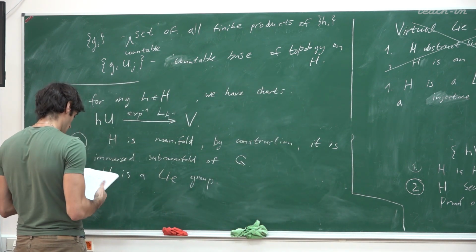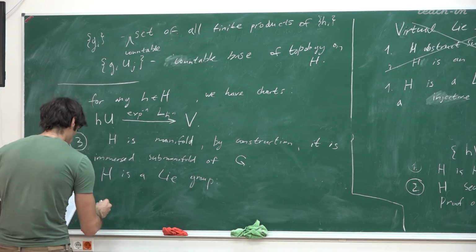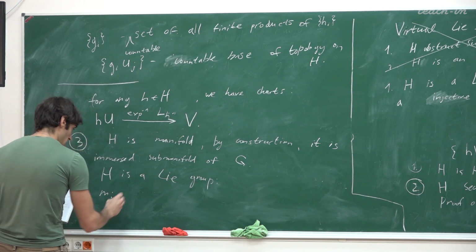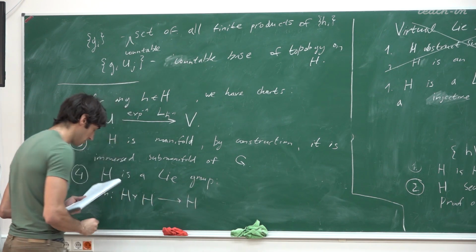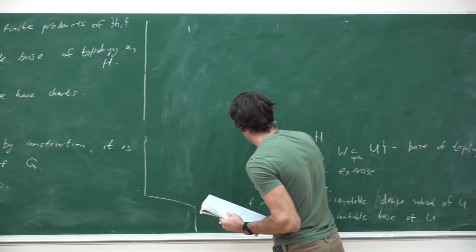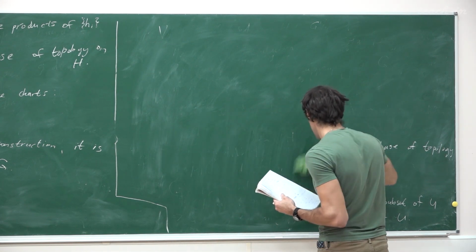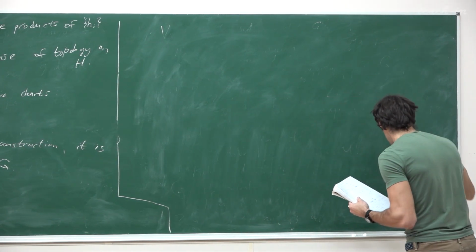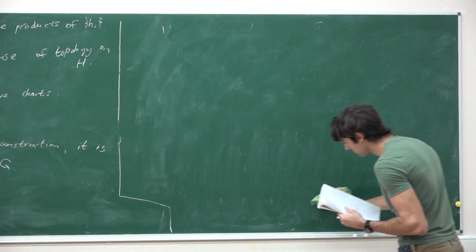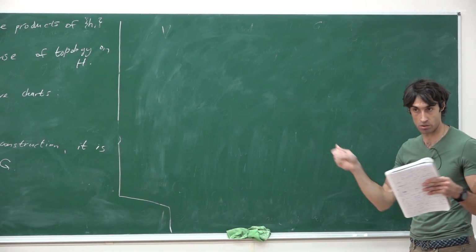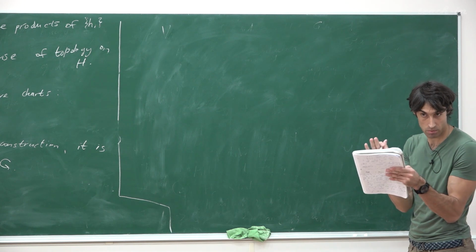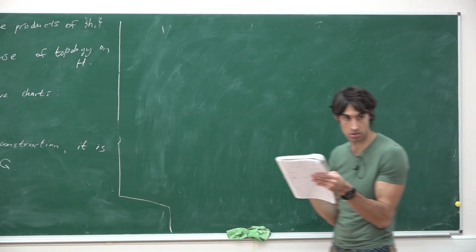So I need to check that I have multiplication, right? It's from H times H to H. So let me now take a small enough neighborhood. Your Campbell-Hausdorff series is a Taylor series, so it converges in a small enough neighborhood of 0, right?